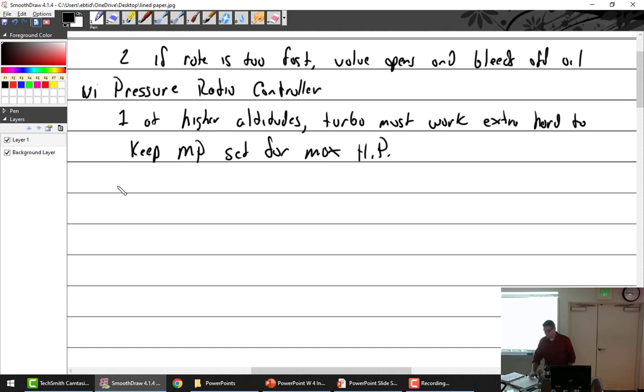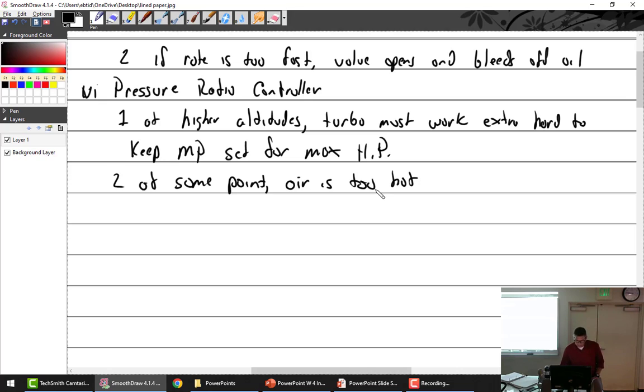So at some point, this air is going to become too hot, which will cause detonation, right? Yes. At some point, air is too hot and will cause detonation.